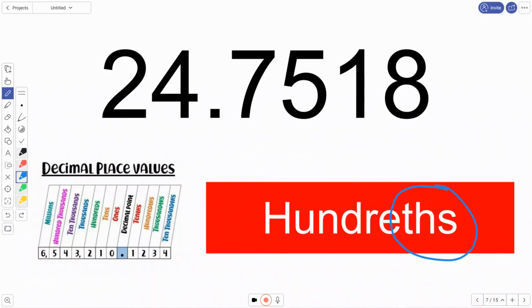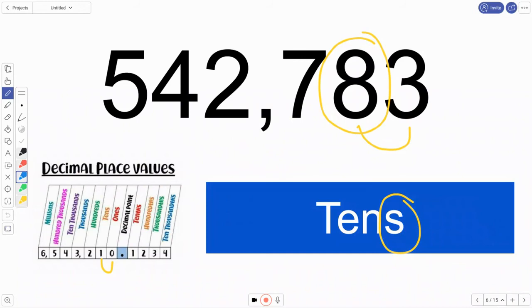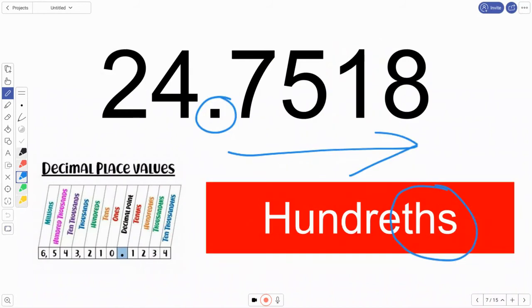So I see that this is hundredths. That TH tells me that this is a decimal number. I also see the decimal right there. That's important to note. So I know I'm going to be working to the right now instead of to the left. With our other ones, we were bouncing to the left, but now we're going to be bouncing to the right because it is a decimal number.